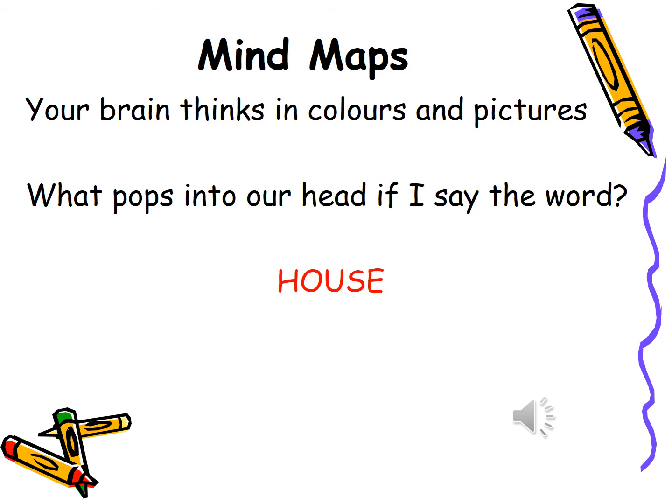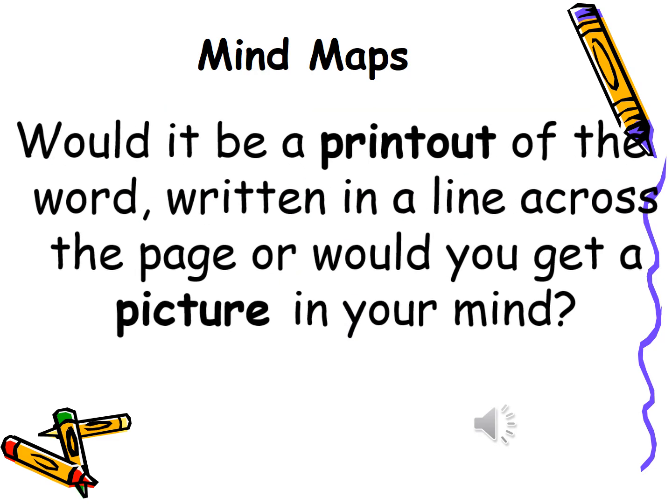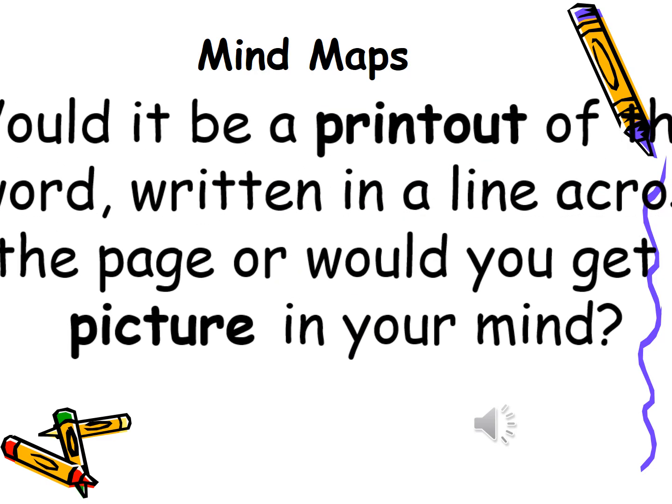That magnificent brain thinks in colors and pictures. It's not just black and white. What pops into your head if I say the word house? Would it be a printout or more like a word written in a line like it would be on a page?